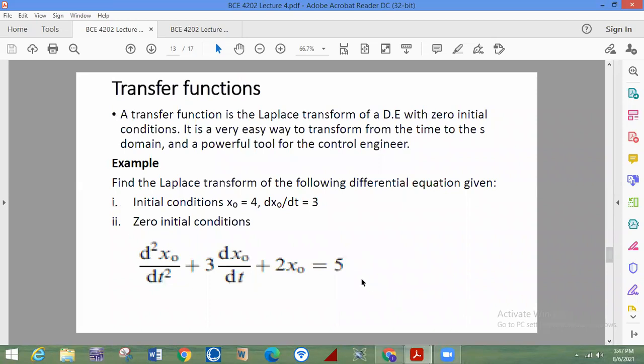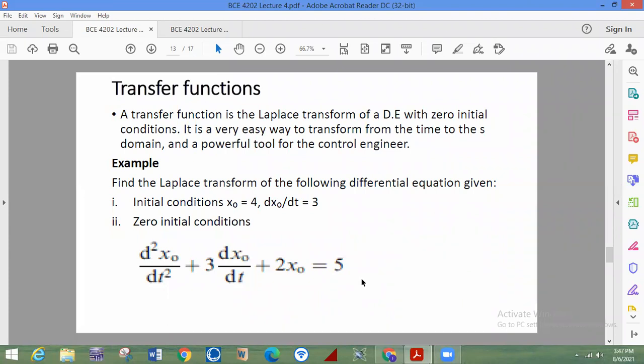Okay, now let's go to transfer functions. We defined the transfer function, I think, in our first or second meeting, but we can still redefine it in terms of Laplace transforms.